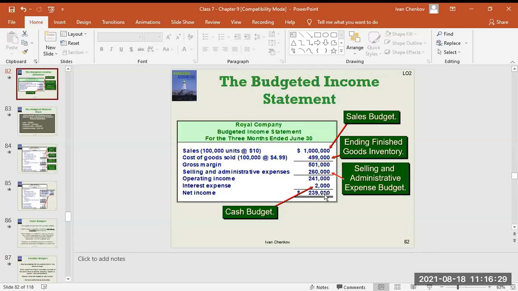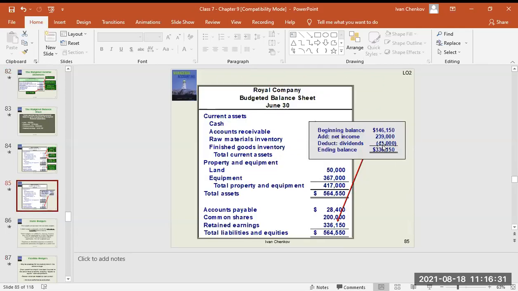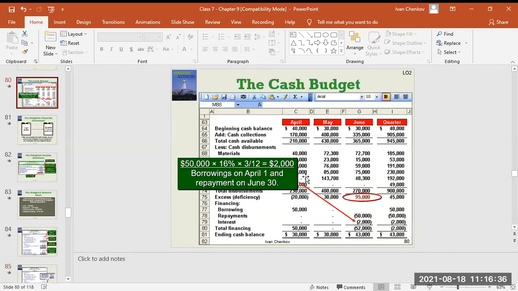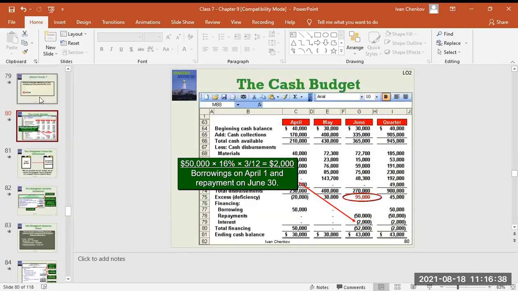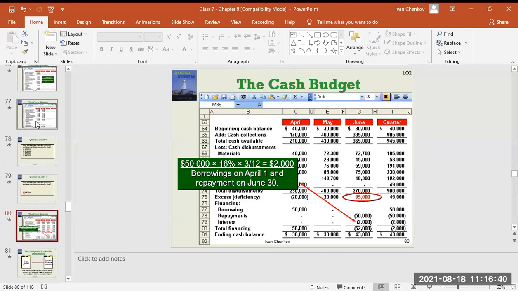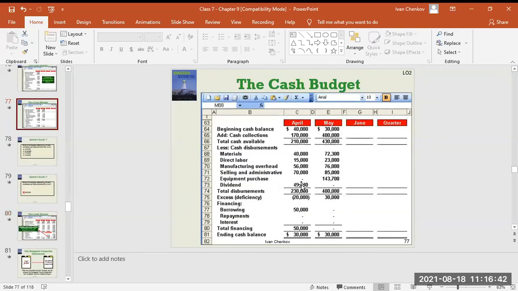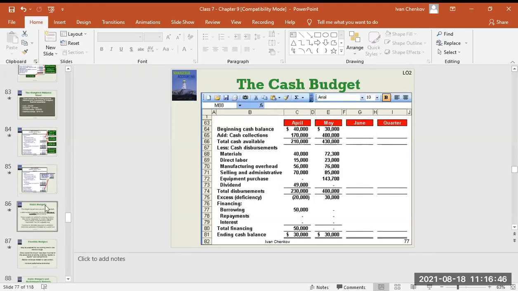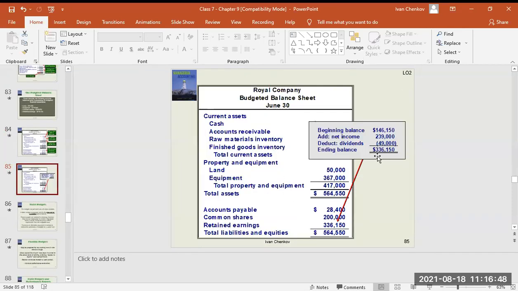We're going to deduct the dividend, which we paid in April, if you remember here, 49,000. What was that? Here, the dividend of 49,000 that we paid in April. And we're going to get 336,150. When we combine all together, we'll be in balance. And we're done with the balance sheet.